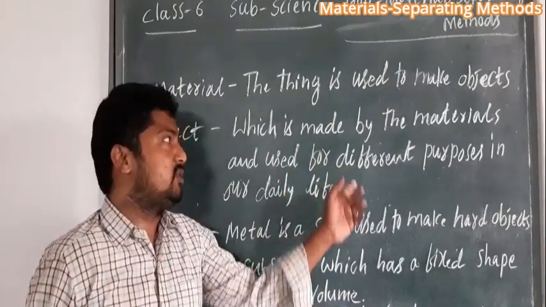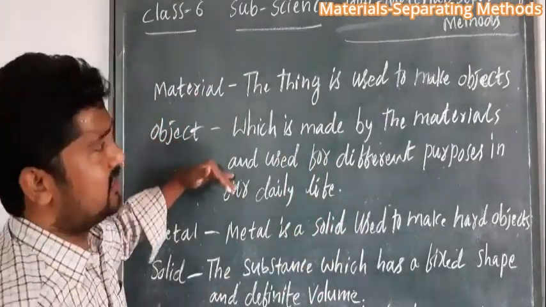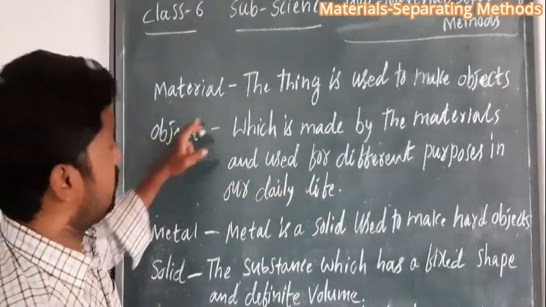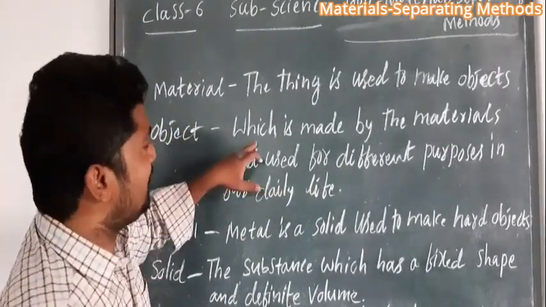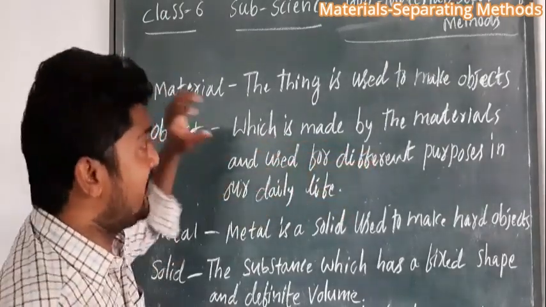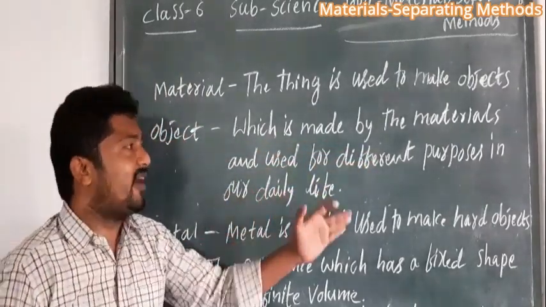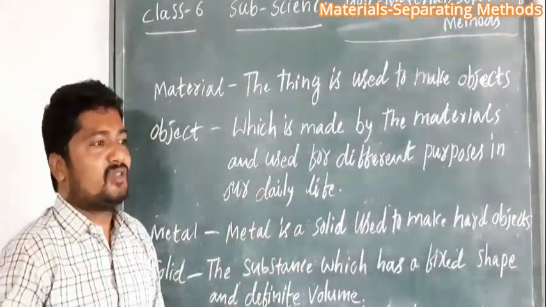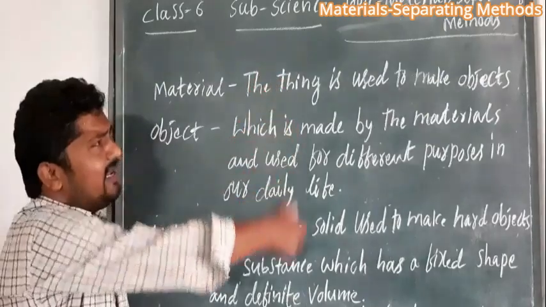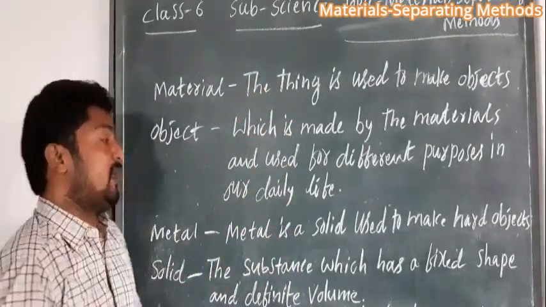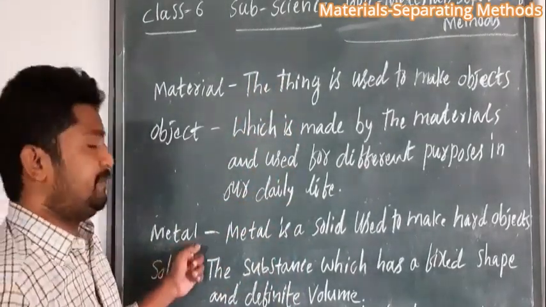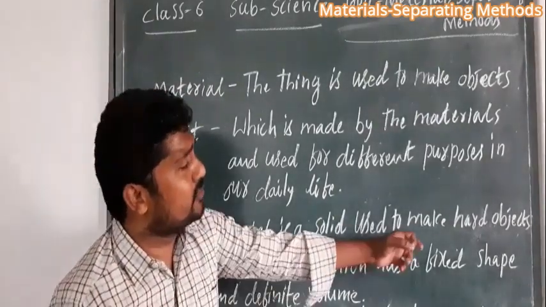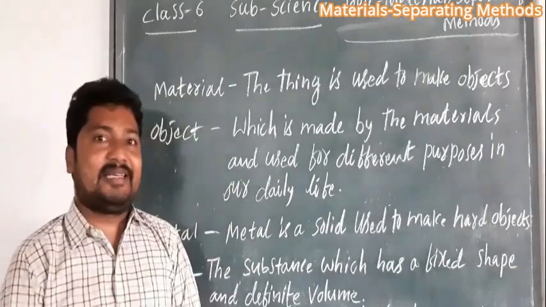So this duster is used in daily life for different purposes also. Now let's see metal. What is metal? Metal is a solid used to make hard objects.